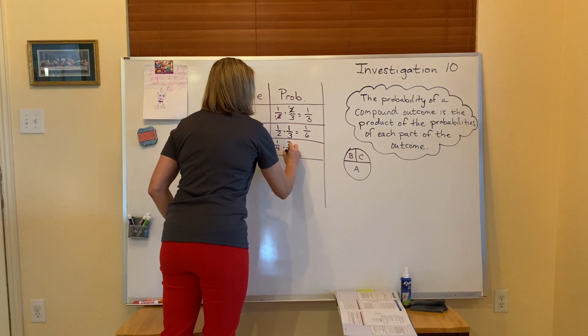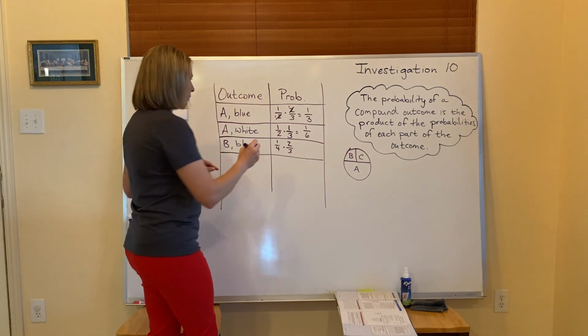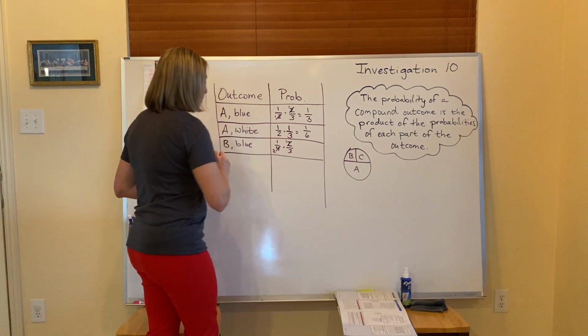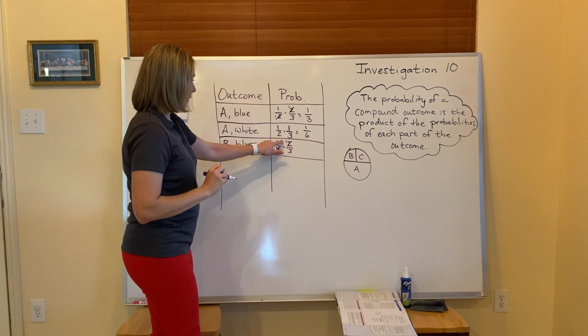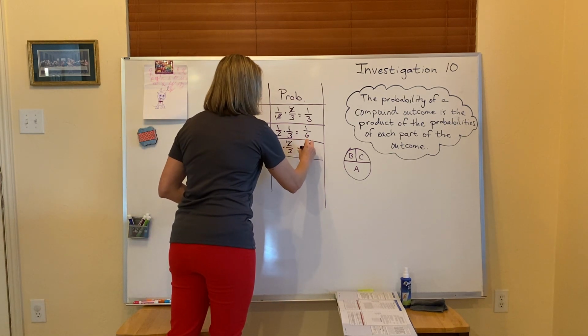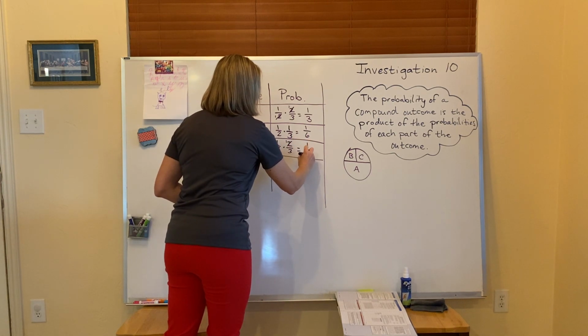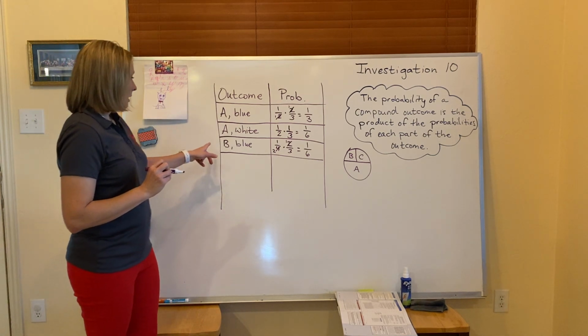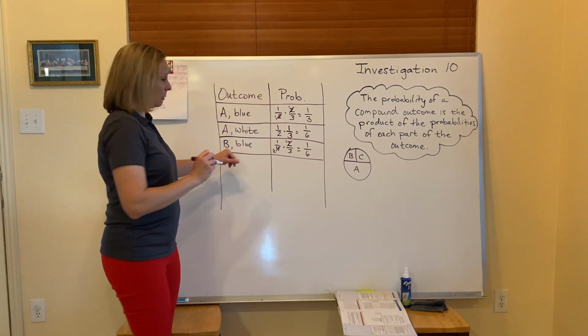We can multiply those. Let's reduce first. 2 can go into 2 and 4. 1 time into 2, 2 times into 4. 1 times 1 is 1. 2 times 3 is 6. So we have a 1/6 probability of landing on B and drawing a blue marble.